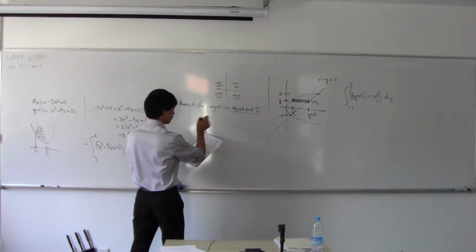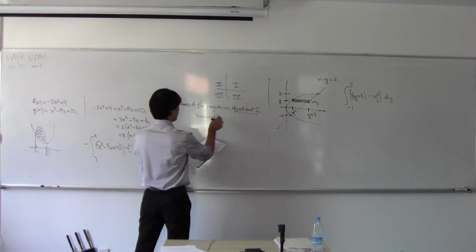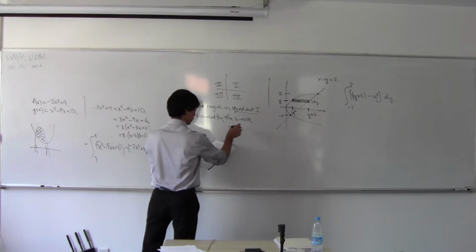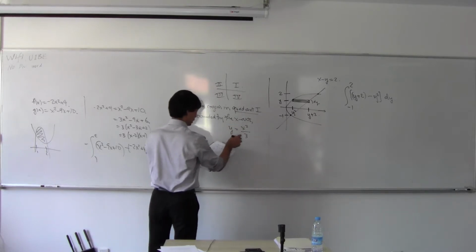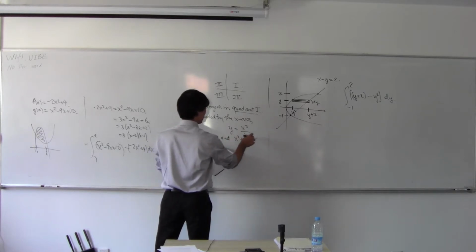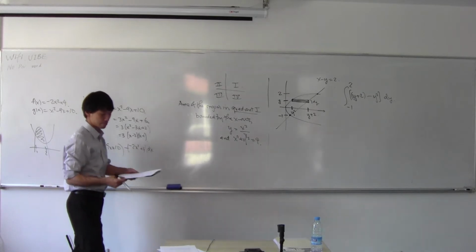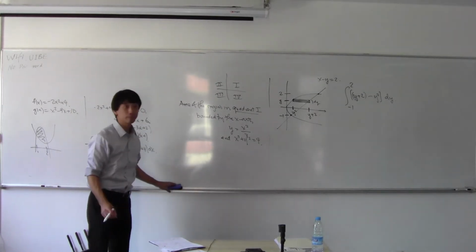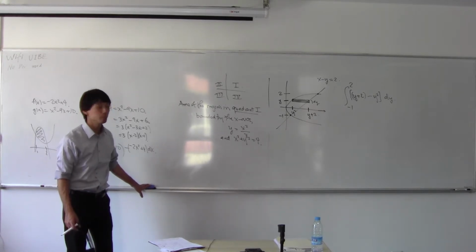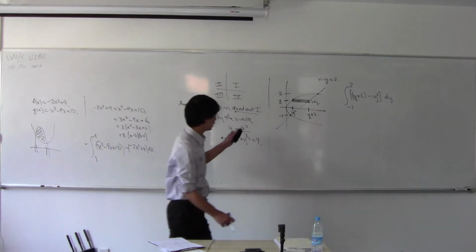Area of the region in quadrant 1 bounded by the x-axis, y equals x squared over 3, and x squared plus y squared equals 4. Take 2 or 3 minutes and set up the integral, please.